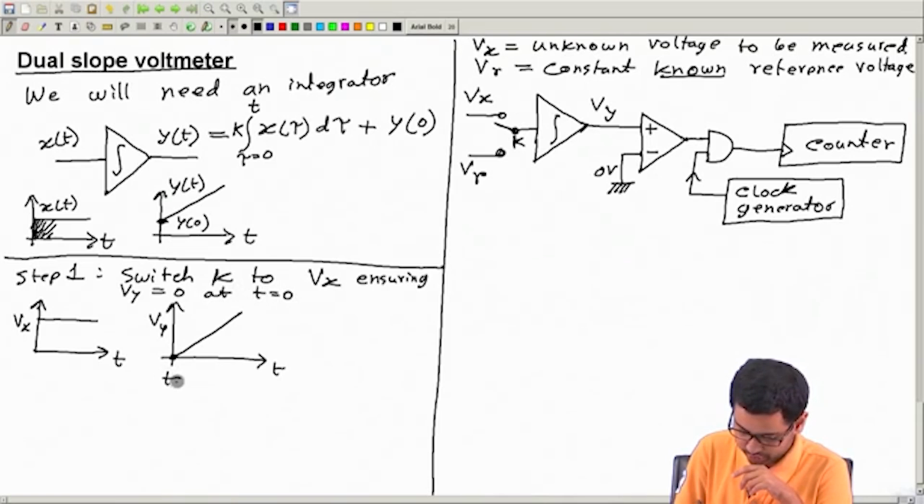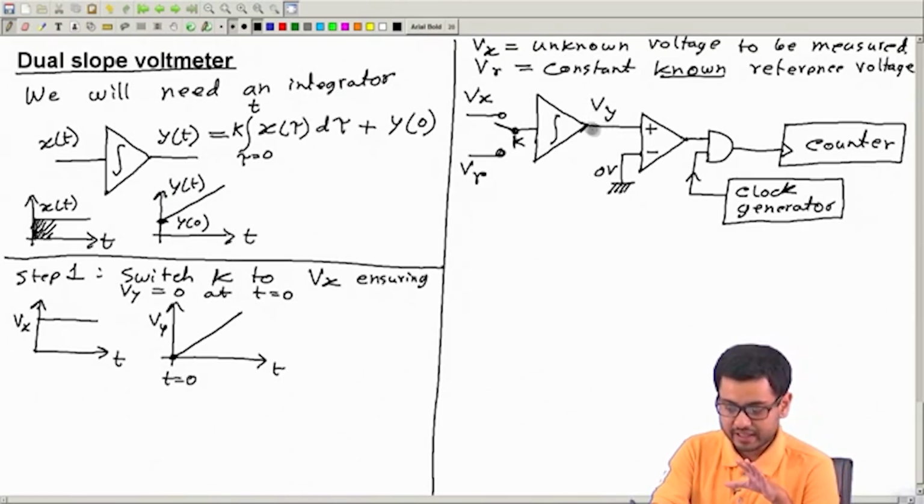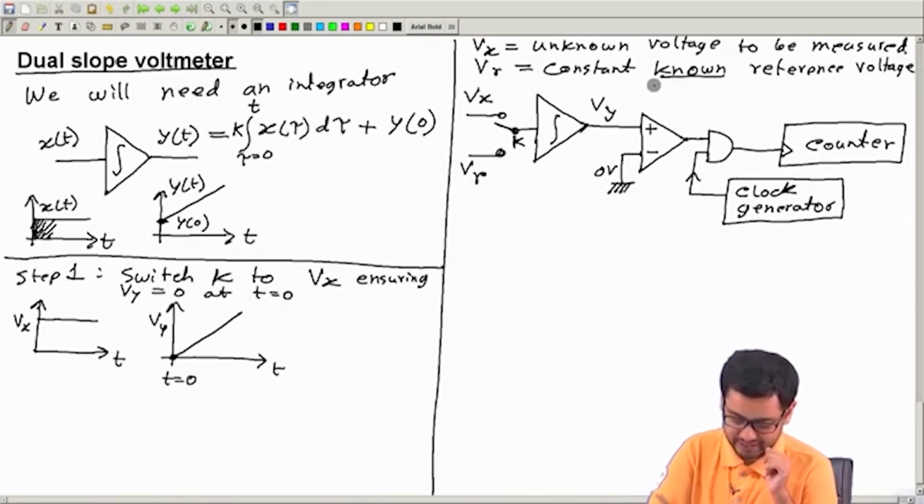We first somehow ensure that the output of the integrator is 0. Then we connect the input to Vx. Therefore, the output will start to grow from a value of 0. How fast will this grow? This will depend on the value of Vx.